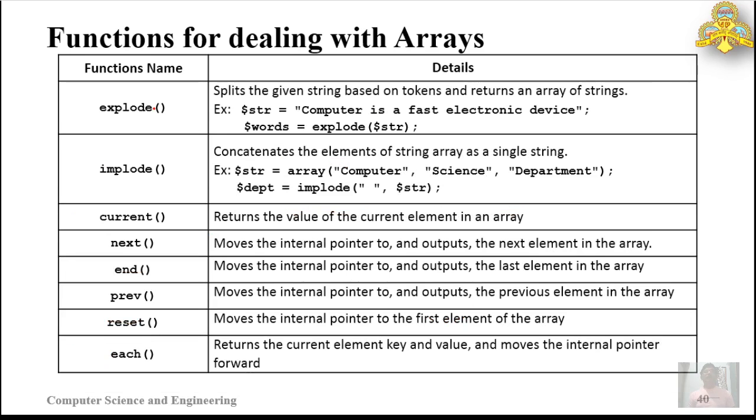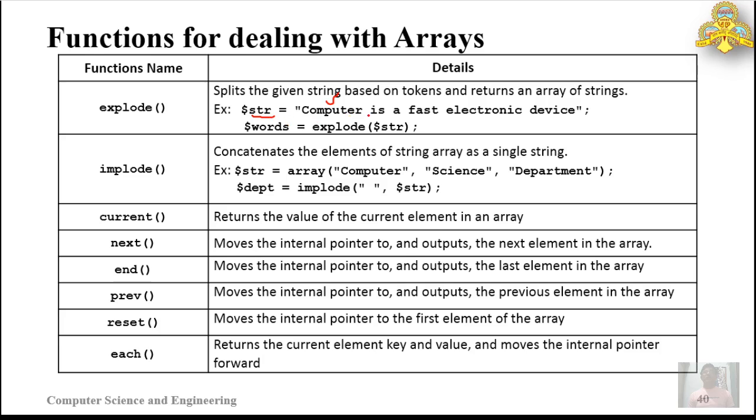And here is explode, that is used to split the given string based on tokens. By default it is the whitespace character. For example, here is 'a computer is a fast electronic device', then this string will be split into different words as an array and stored in the specified variable. For example, here it is $str.